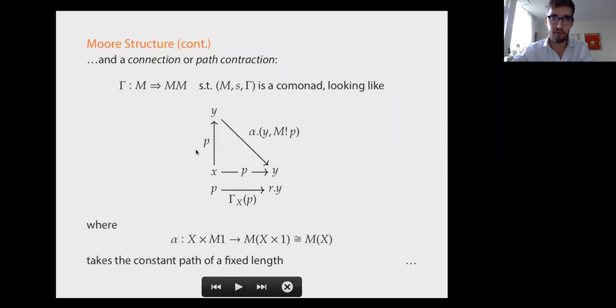The source of that path of paths should be p, and the target should be the trivial path on the target of p. The length of this path is the length of the path you started with. So you have p in these two directions, and you slowly contract it to the target. For that, you need another thing: this diagonal here also has length p, but it is constant with value y. For that, you need this alpha, which behaves a bit like a strength for all the structure that is around.